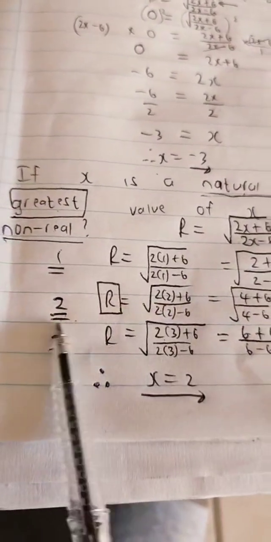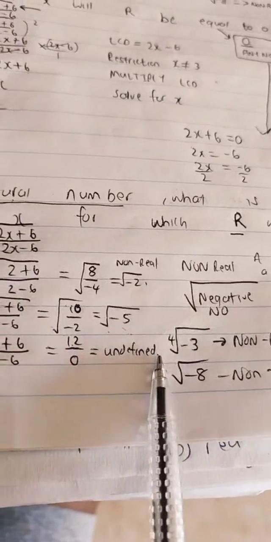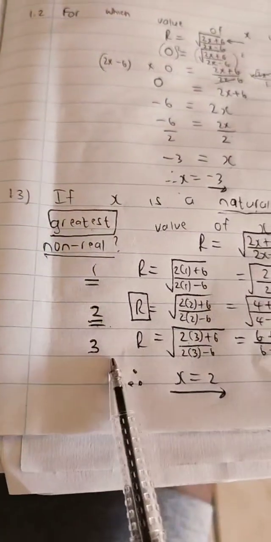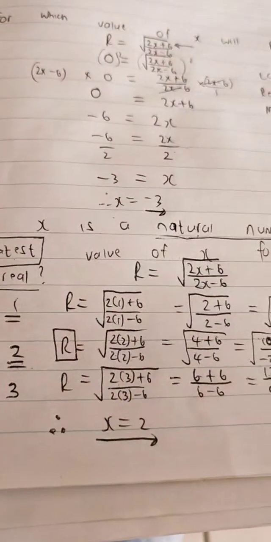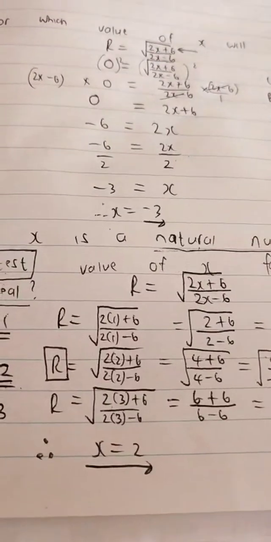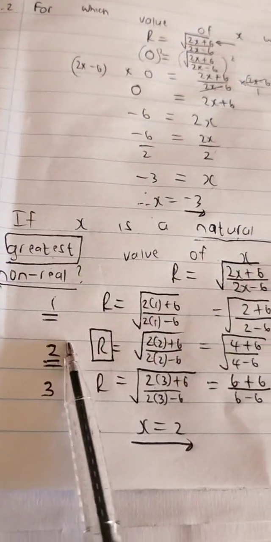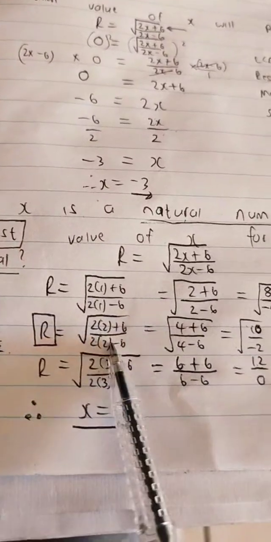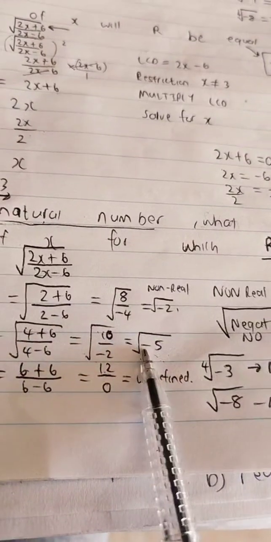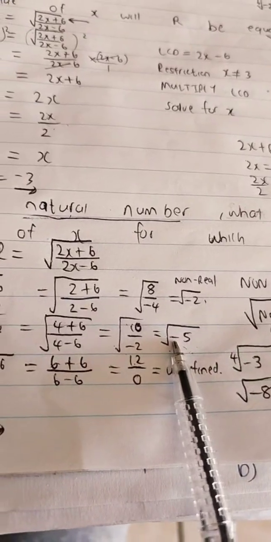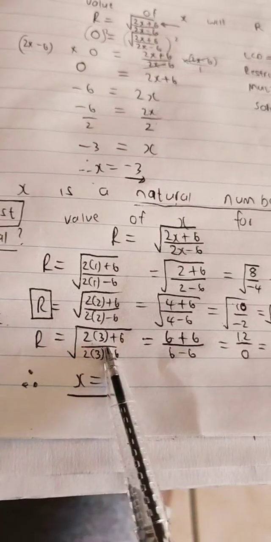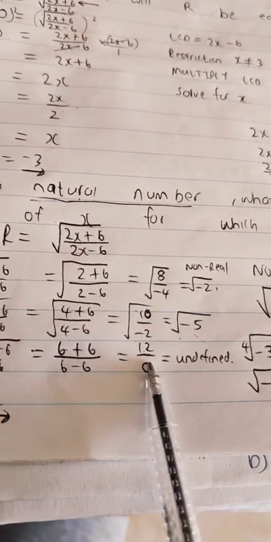I substituted 2, doesn't work. Substituted 3. Remember, when I substituted 3, I got an undefined number. Okay, I won't forget, don't worry. So these 2, I know are not going to help me with anything. The 2, when I substituted it, gave me a non-real, so 2 is not the smallest prime number. 3 as well, when I substituted it, gave me an undefined number.